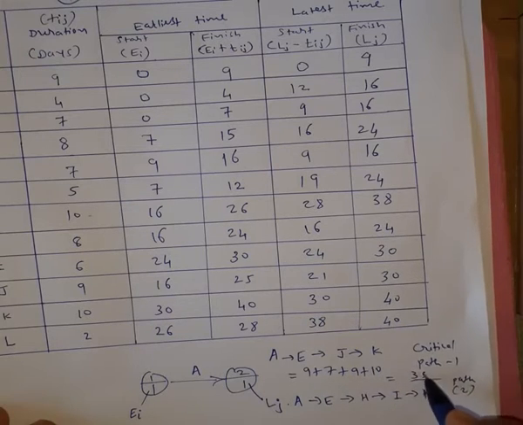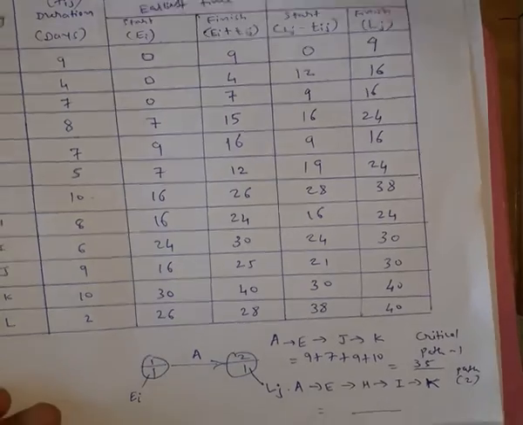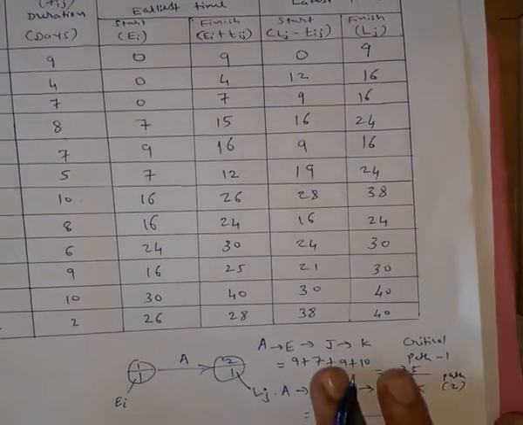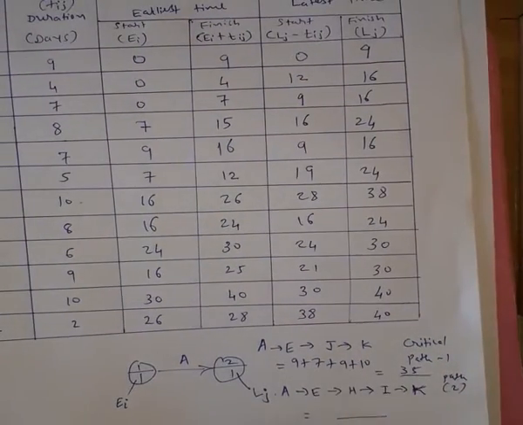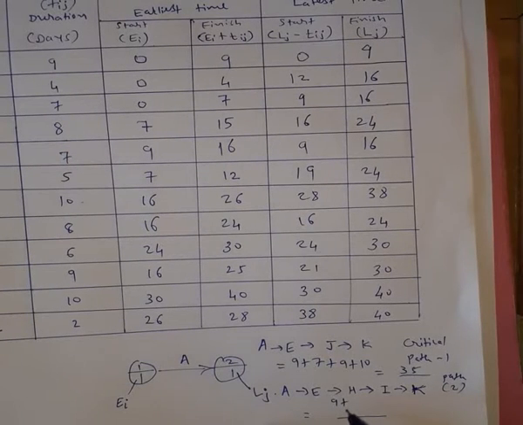And for this path, A to E to H to I to K. For activity A, it is 9.